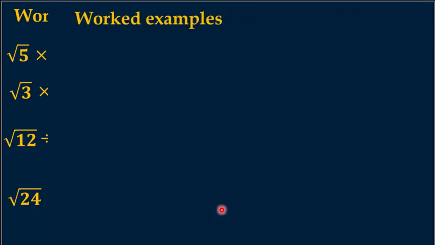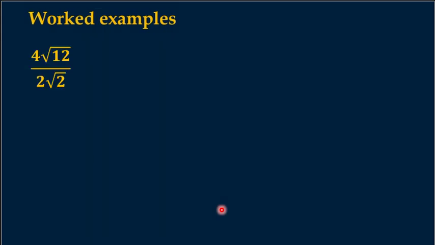Okay, let's see some other examples as well, which are a bit more complex than the first ones. If you have 4 root 12 over 2 root 2, how do you go about this? You recall that this is already arranged in the form A over C and then B over D. And so with this, you know the 2 cancels 4, and then the 2 under the root also cancels the 12.